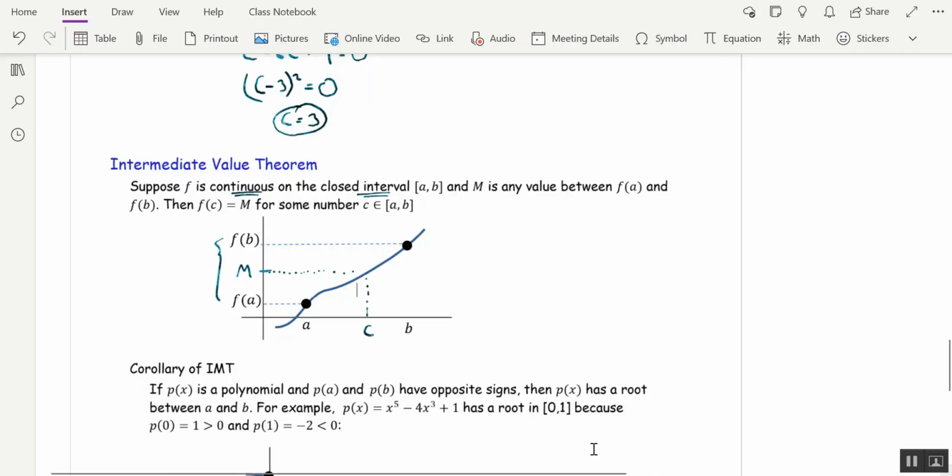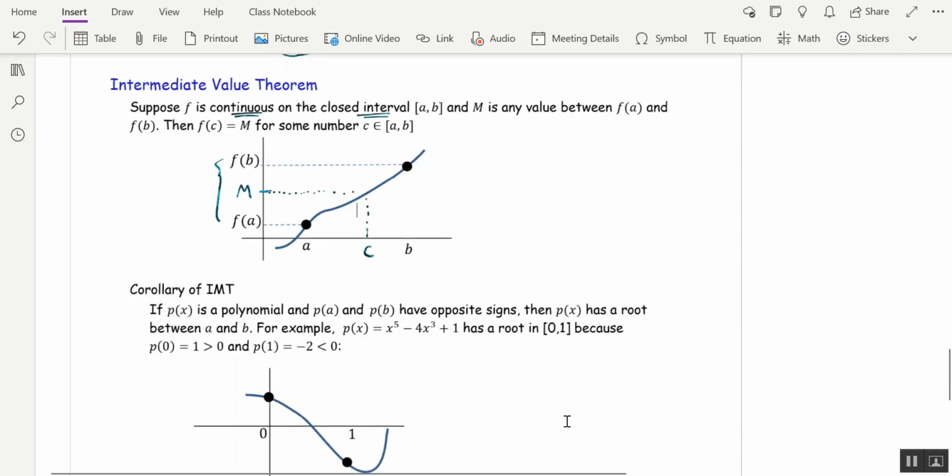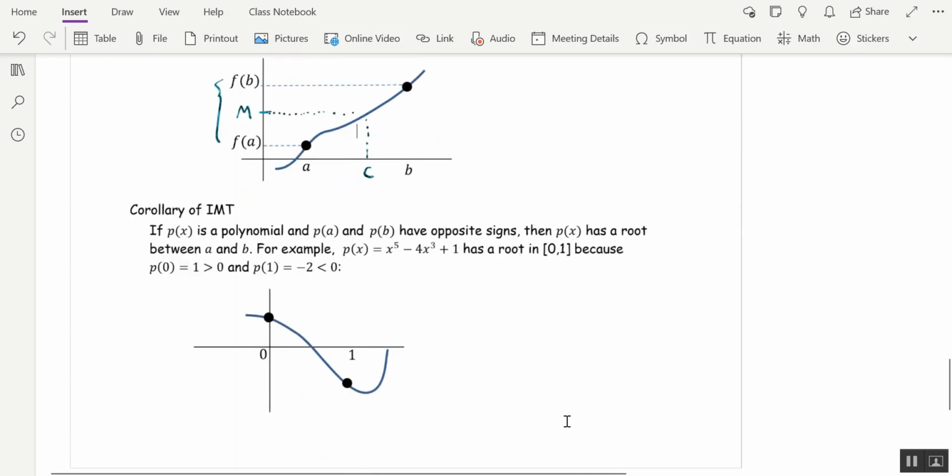A corollary, an important result we get directly from another theorem, is that if you have a polynomial, polynomials are continuous everywhere, and p of a and p of b have different signs. So in my example, a is 0 and p of a is positive, b is 1, and p of b is negative.